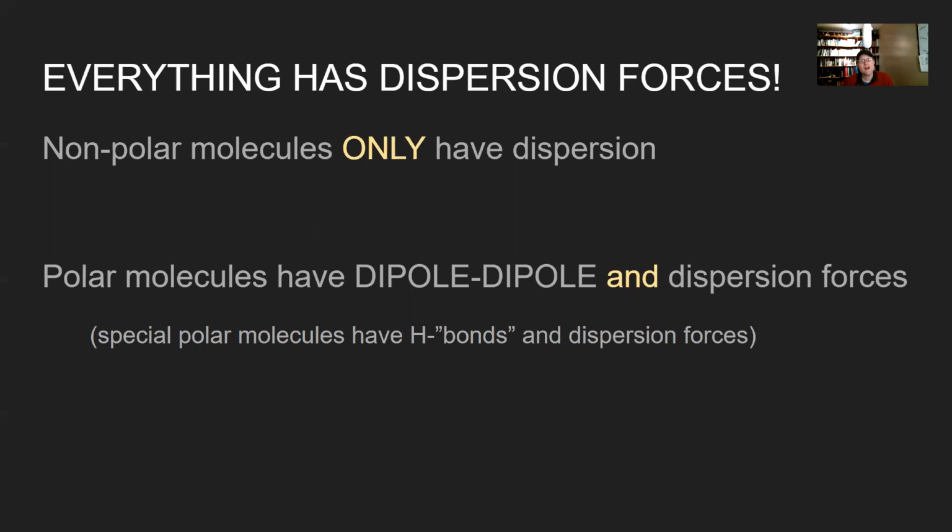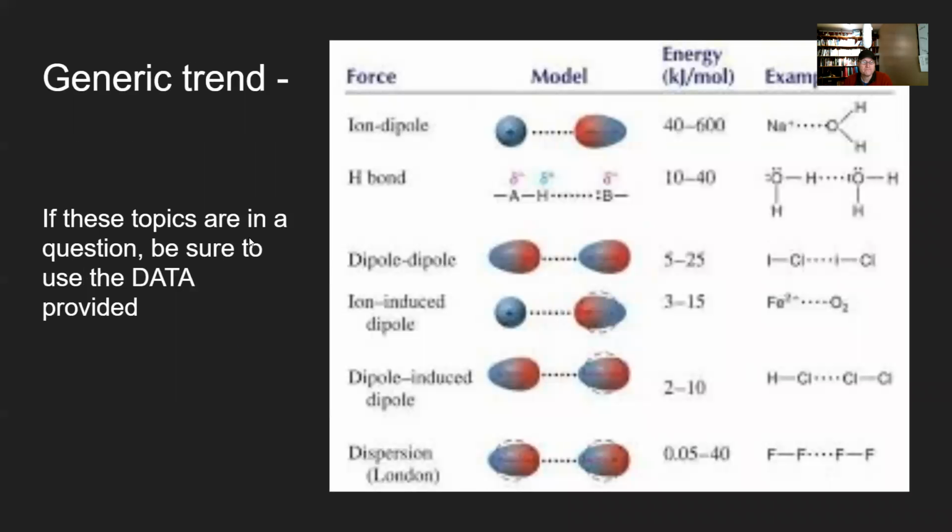Non-polar molecules will only have dispersion attractions, while polar molecules will have their dipole-dipole as well as dispersion attractions. Once again, special polar molecules will have hydrogen bonds as well as dispersion forces. So those dispersion forces can happen with all molecules and atoms.